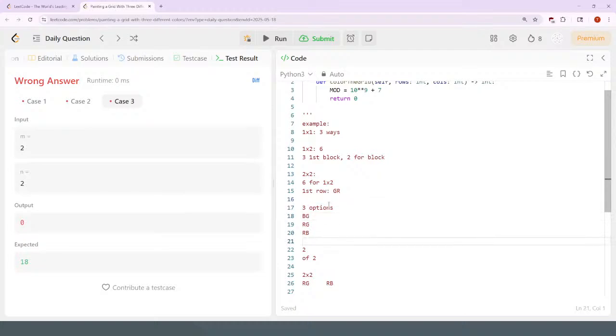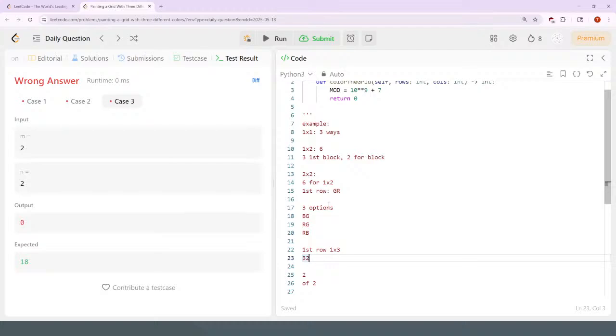Yeah. Okay, if the first row is something that is 3 elements, so 1 by 3, I'm going to say should have 3 for the first color, 2 for the second color, and then it branches from there.